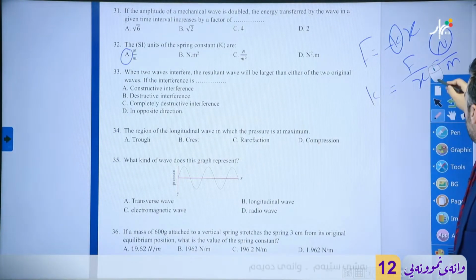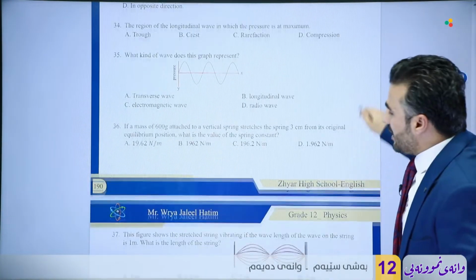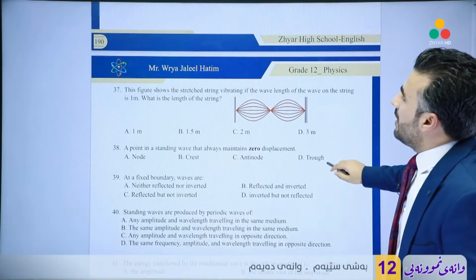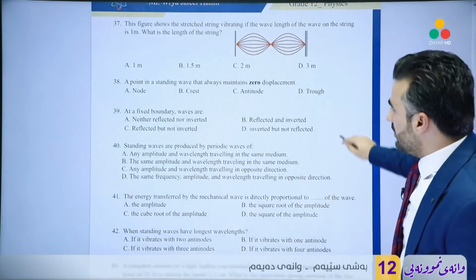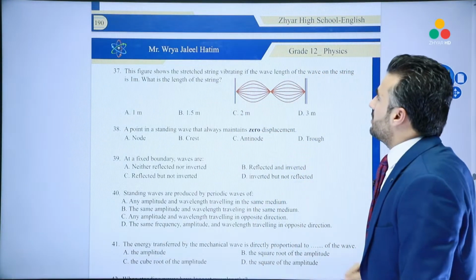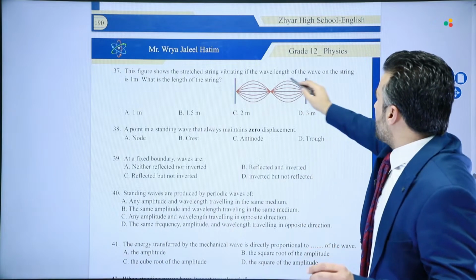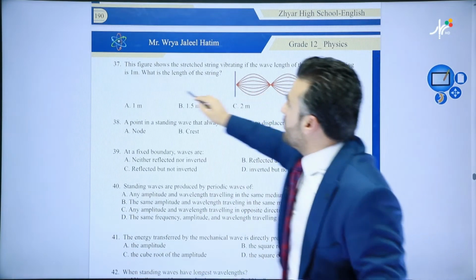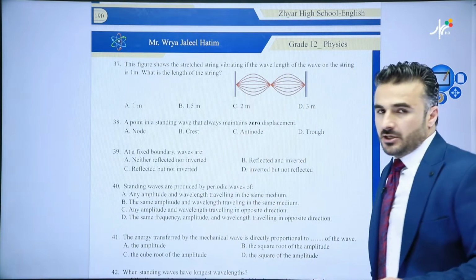All right, and then let's solve one more question, perhaps, and then we'll end right here. It says, the figure shown here shows the stretched string vibrating. If the wavelength of the wave on the string is 1 meter, what is the length of the string here? Remember this.